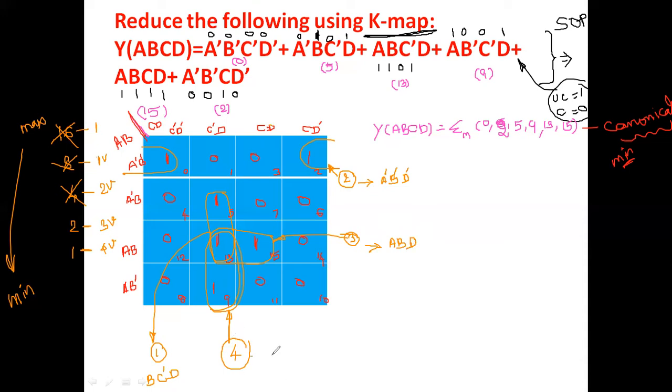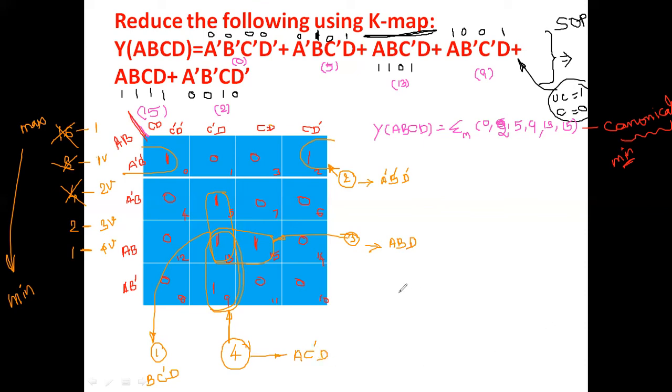Then fourth grouping, for these two ones, cell numbers 9 and 13 can be grouped. For this, A is not changing, A is retained as A, B is changing to B bar. Therefore, one of the variables is A. So in this sequence, C bar D is common. C bar D. That's all.